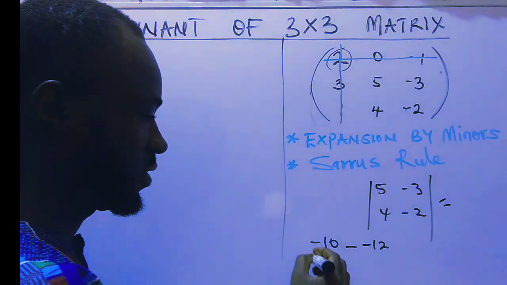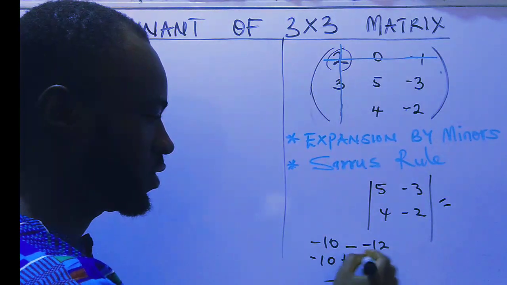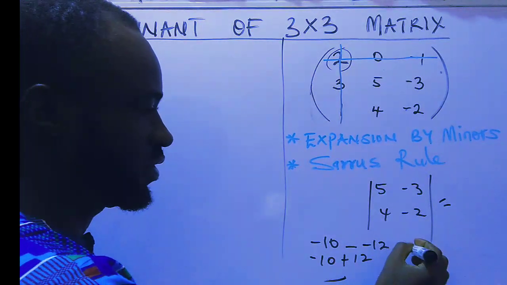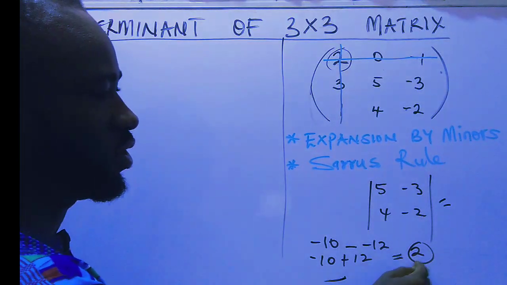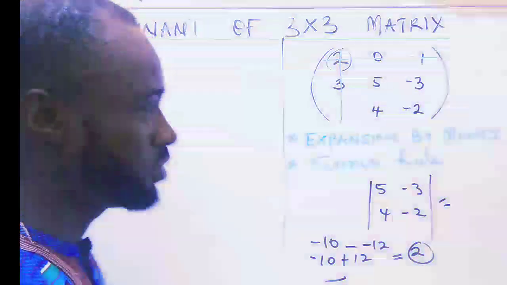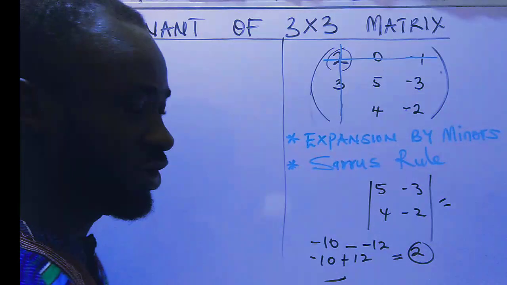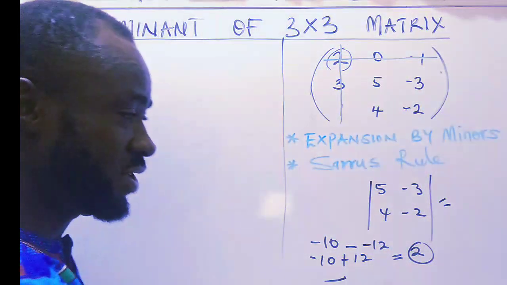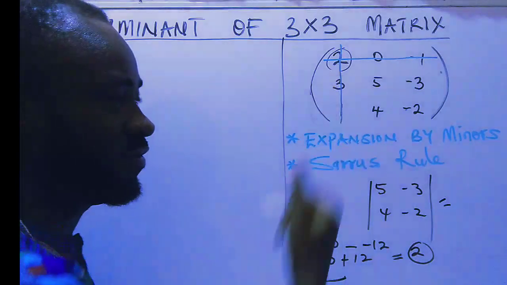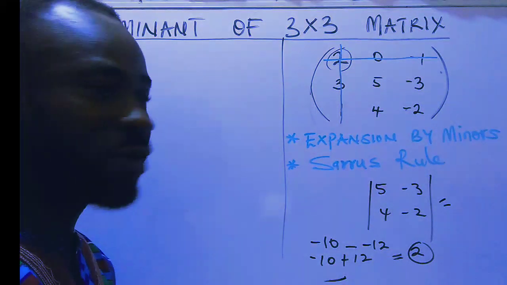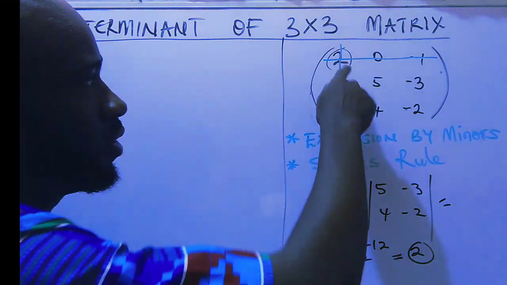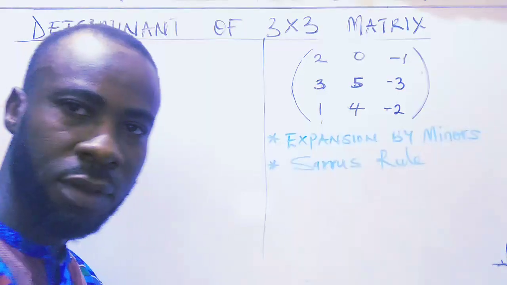Minus 10 plus 12 gives us 2. So this is called the minor of this element 2. It's just a coincidence that they are the same value. That is how to get the minor of the element 2.